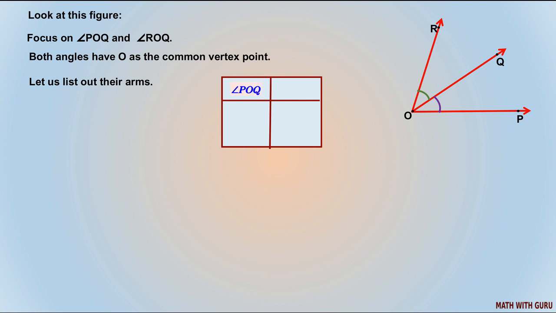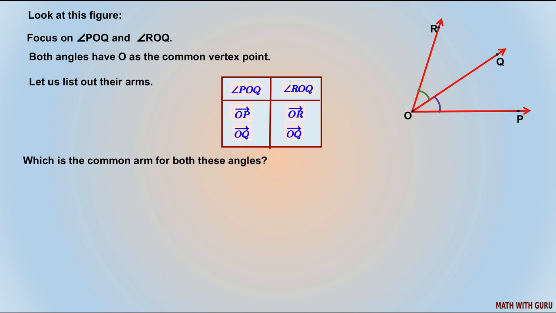For angle POQ, the sides are OP and OQ. For angle ROQ, the arms are OR and OQ, which is the common arm for both these angles. Of course, it is OQ.